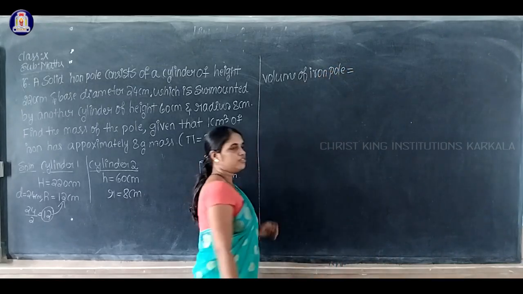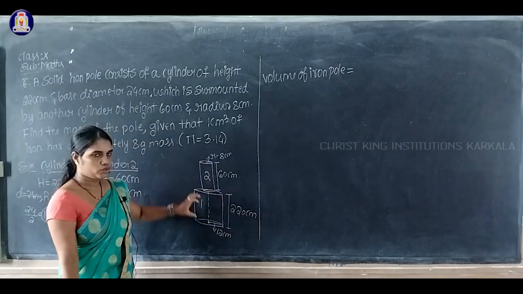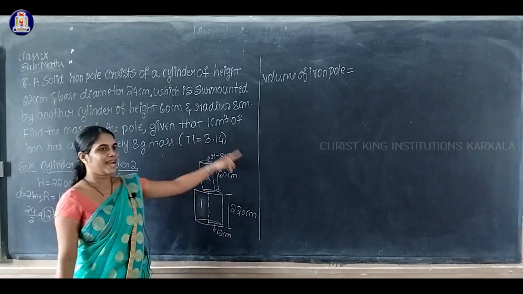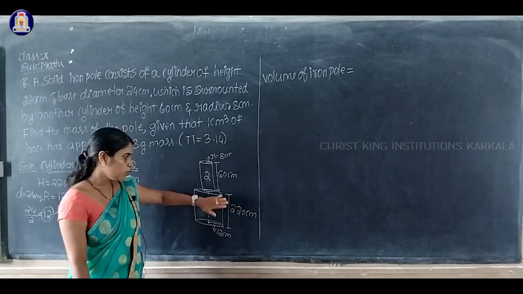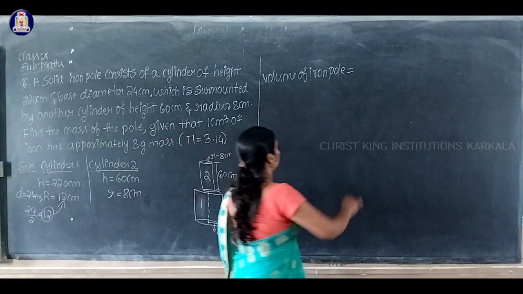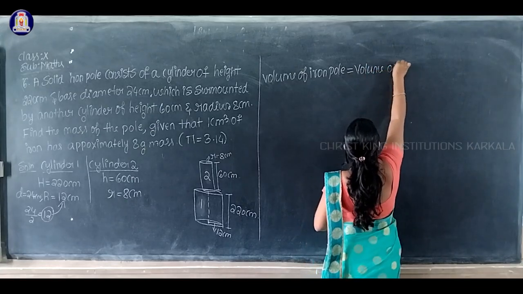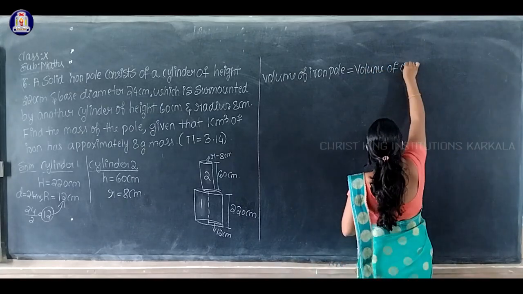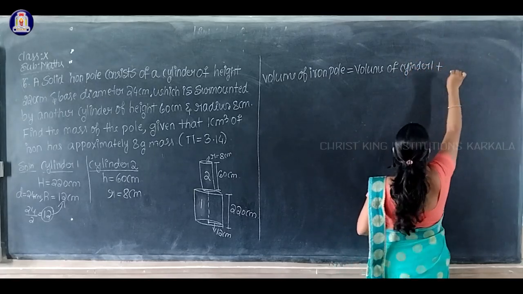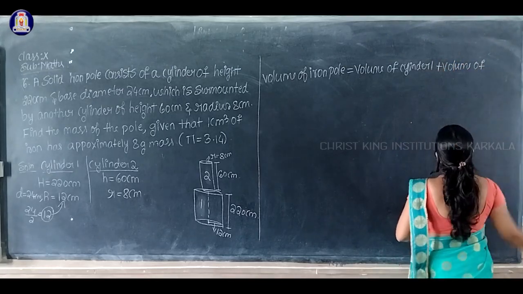Since this iron pole is a combination of two cylinders, shall I consider the volume of this whole iron pole equal to volume of cylinder 1 plus volume of cylinder 2?